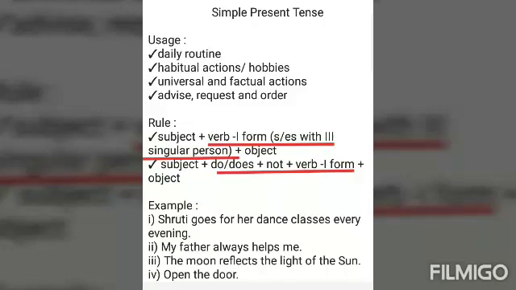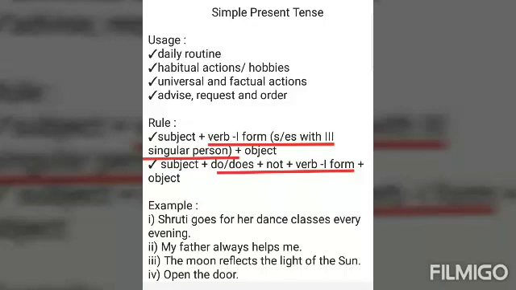But when it comes to a negative sentence, the special quality of this simple present tense will shift to the helping verb. So here do becomes does for third singular person only. For all the other subjects we will use do plus not plus verb first form.